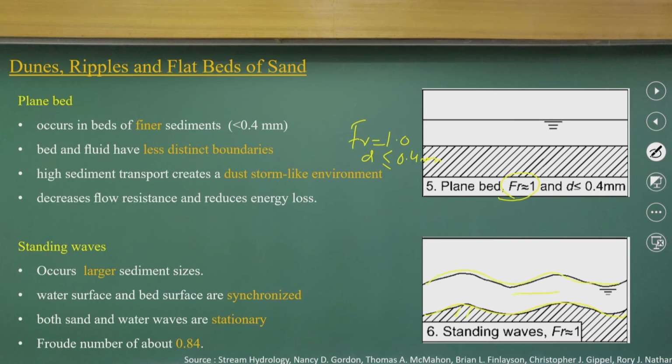That is a larger sediment size case where the water surface and bed surface waves are synchronized, and both the sand and water waves are stationary. They move in the same way, the water wave and this sand wave. That happens when the flow Froude number is closest to 1, or equal to 0.84.